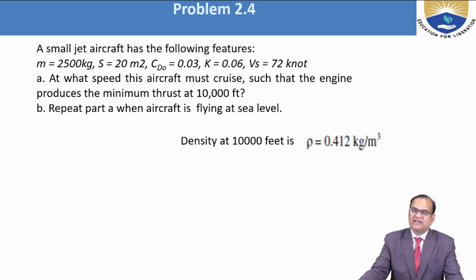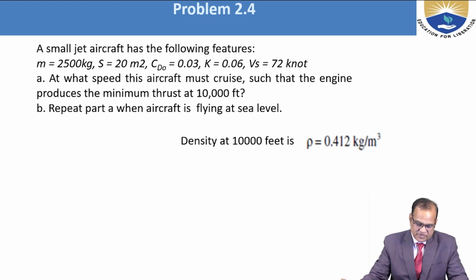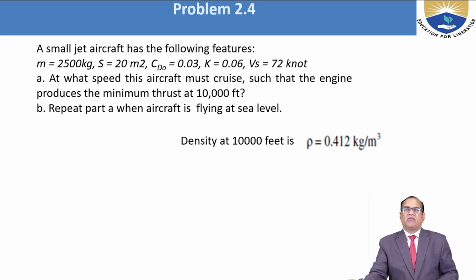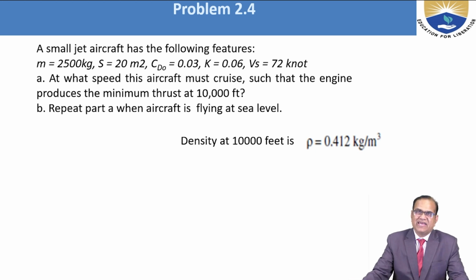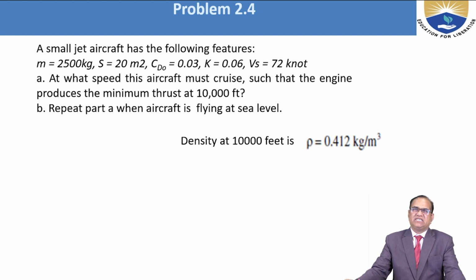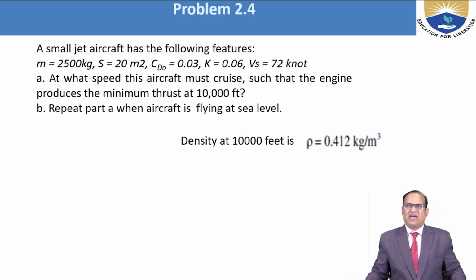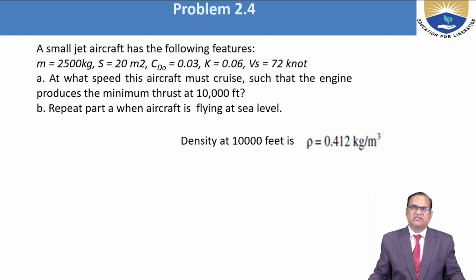Now I will discuss one small problem. Problem number 2.4. A small jet aircraft has the following features: m is equal to 2500 kg, S is equal to 20 meter square, CD naught is equal to 0.03, K is equal to 0.06, V stall is equal to 75 knots.